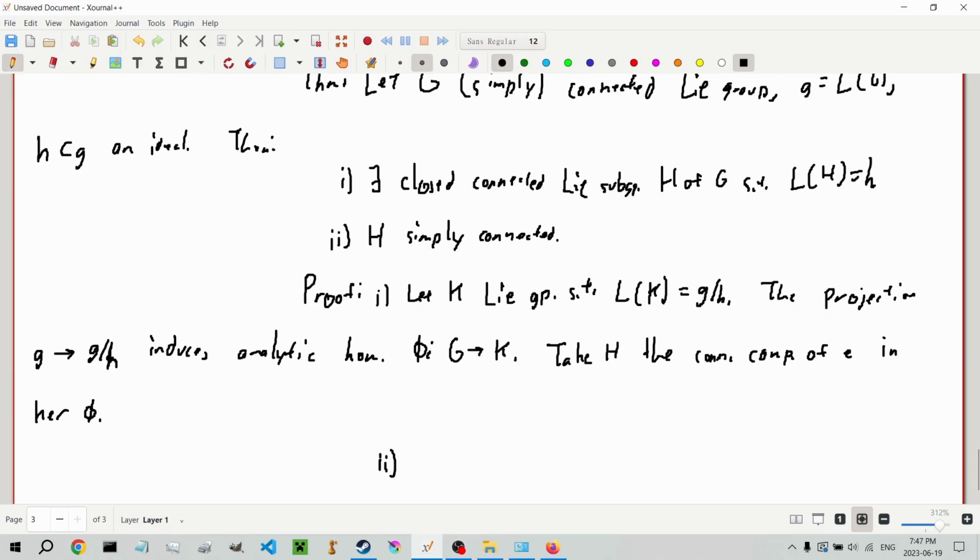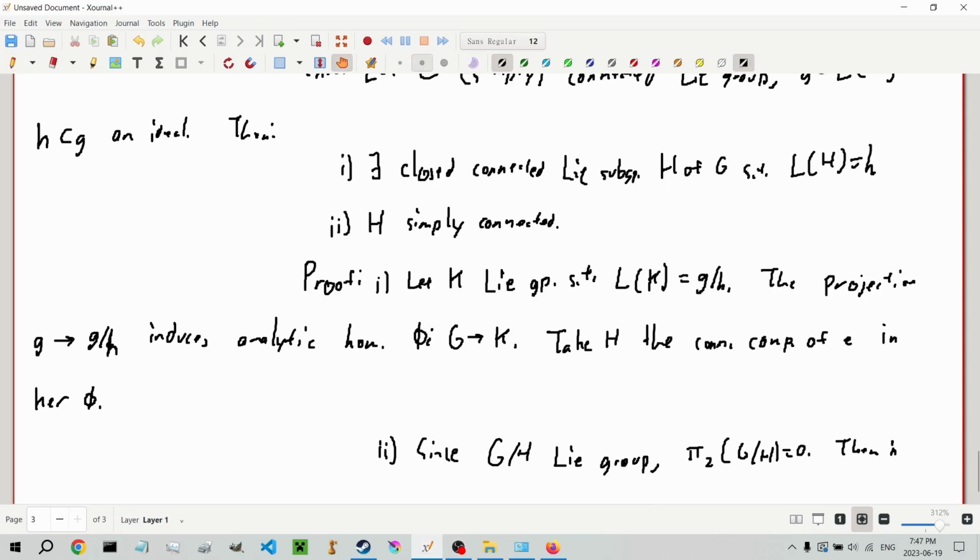And secondly, since G over H is a Lie group, the second projection of G over H is 0.